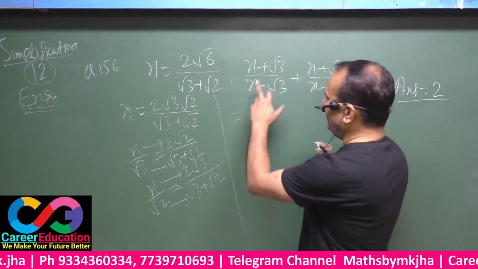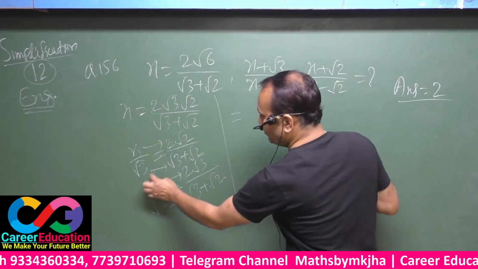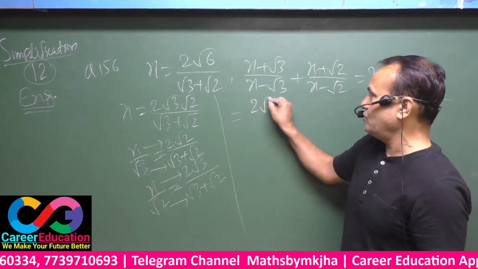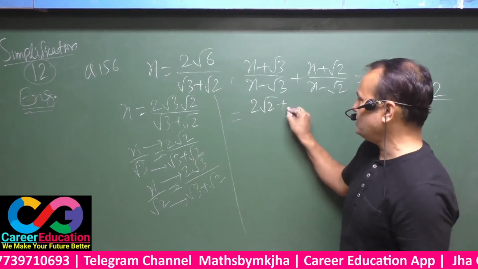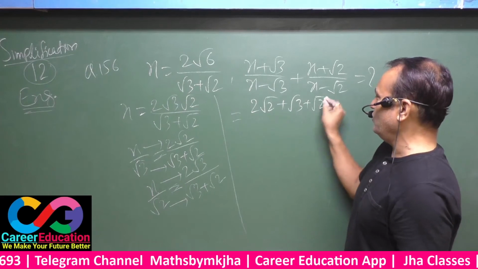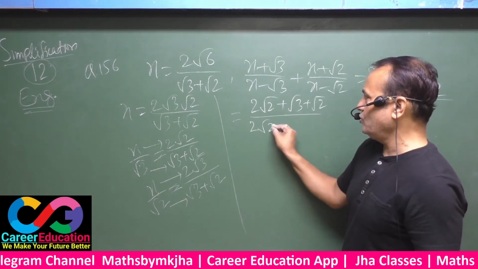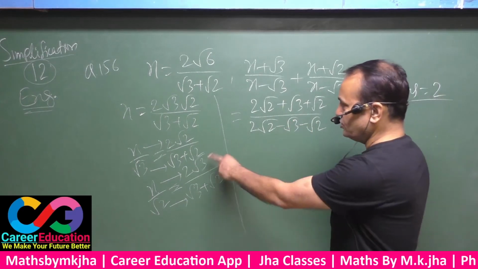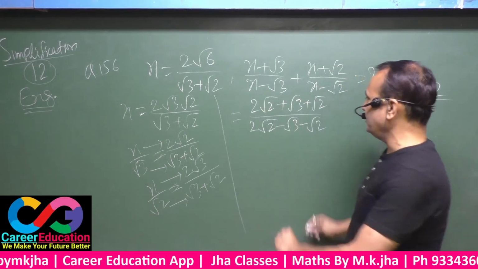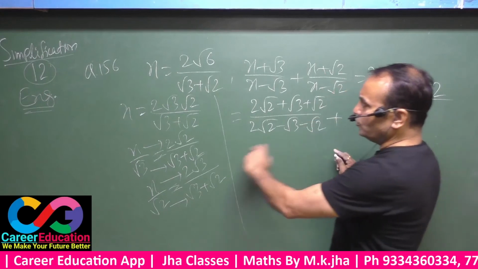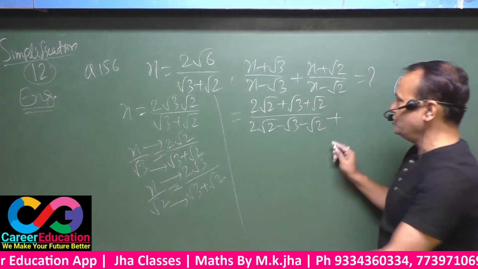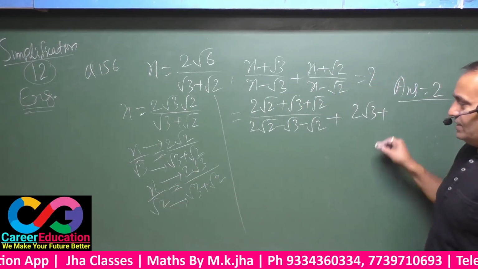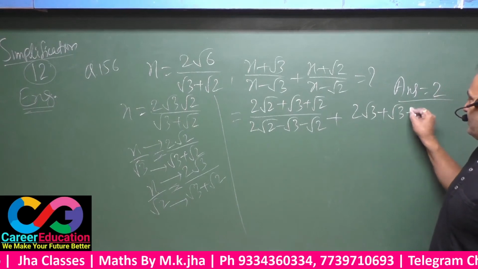Now x plus root 3, x is this one, root 3 is this one. That means x is 2 root 2 plus root 3 is root 3 plus root 2. Again the same situation, 2 root 2 minus root 3 minus root 2. Root 3 is this one, due to minus, this is minus. See, x plus root 2, x is this one, root 2 is this one.